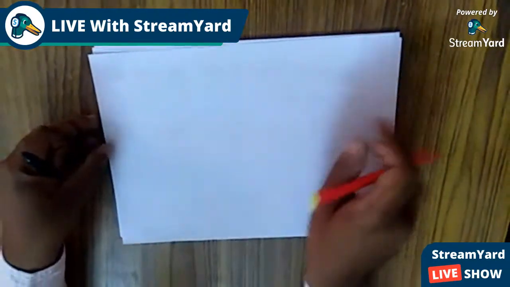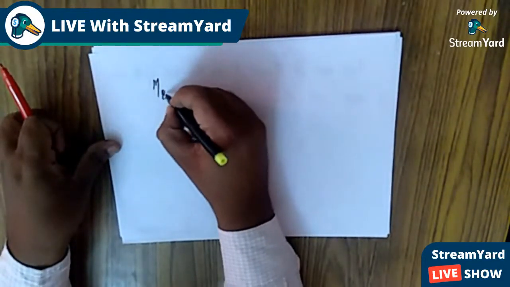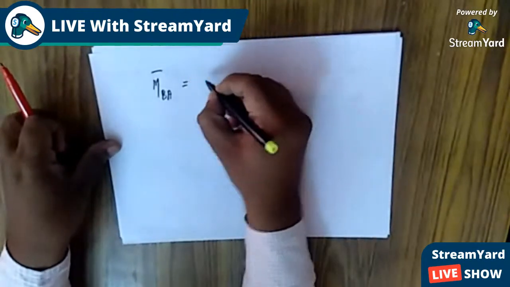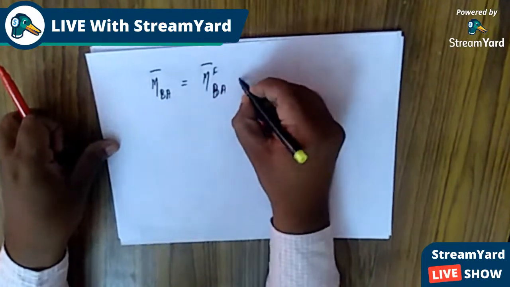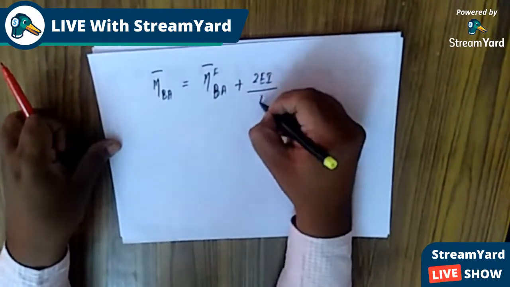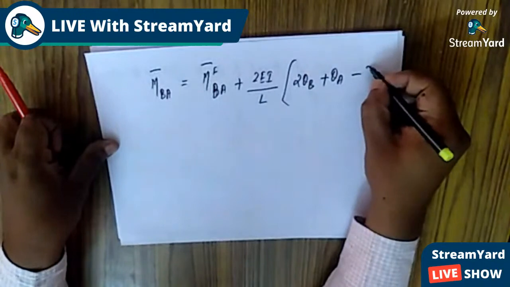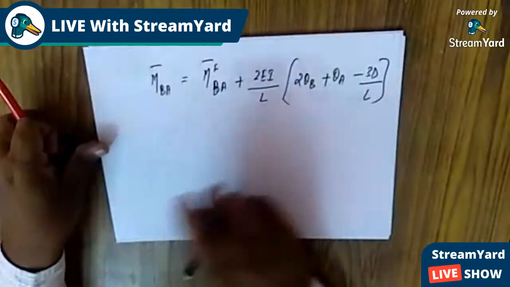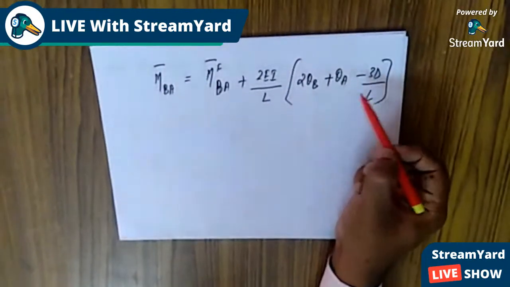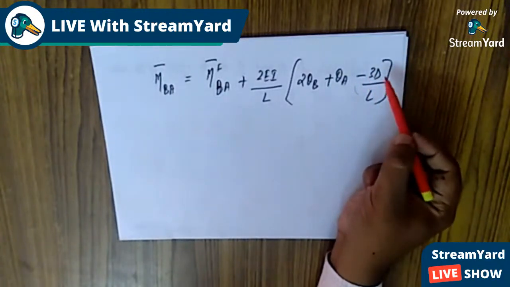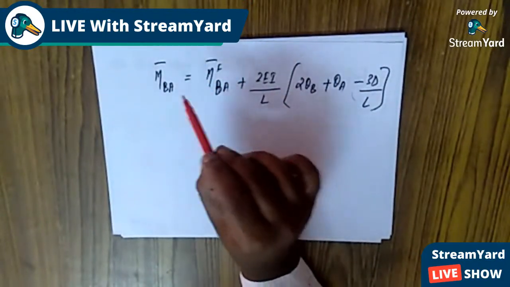Similarly, at the end B, we can get the final moment as M bar BA, which is equal to MF bar BA plus 2 EI upon L multiplied by 2 theta B plus theta A minus 3 delta upon L. So using these unknowns, that is theta A, theta B, and delta, we are now able to find the final moments.